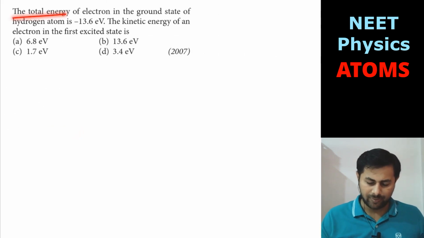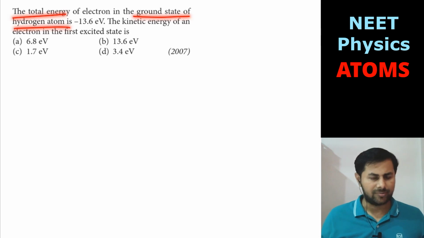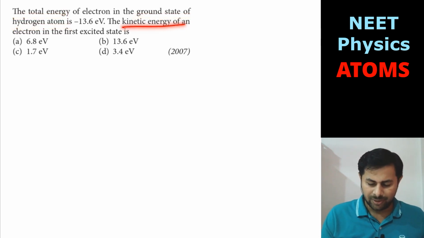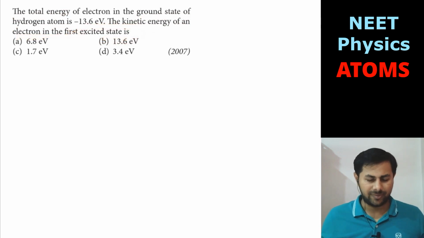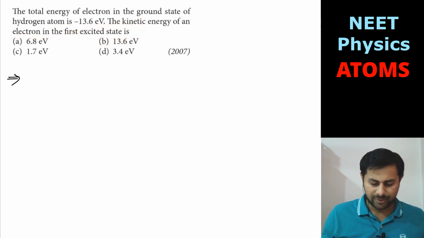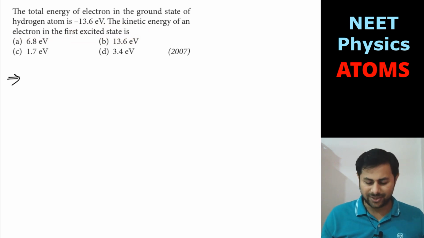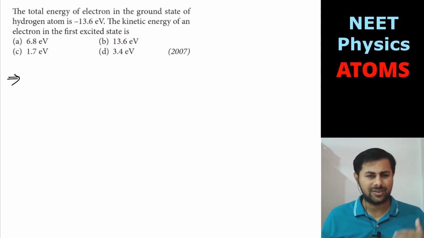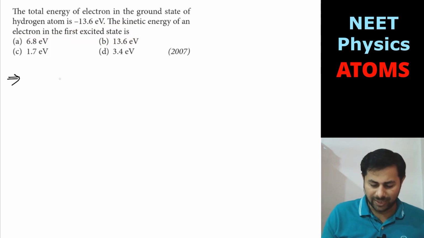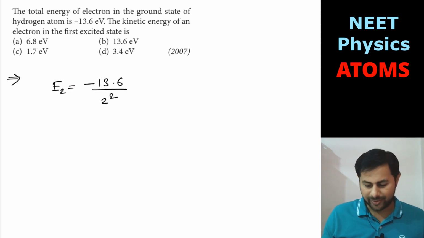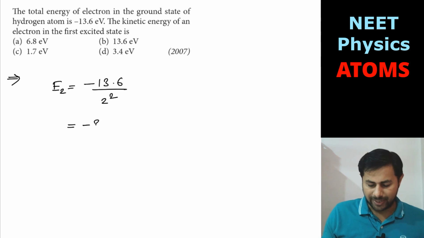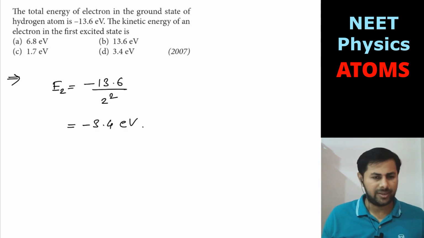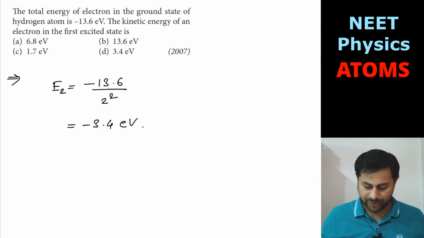The total energy of the electron in the ground state of hydrogen atom is minus 13.6 electron volts. The kinetic energy of the electron in the first excited state is, okay, so what is the total energy in the first excited state? First excited state means the second state, right? So E2 is equal to minus 13.6 divided by 2 square, that is minus 3.4. Just remember this, E2 is minus 3.4 electron volts.